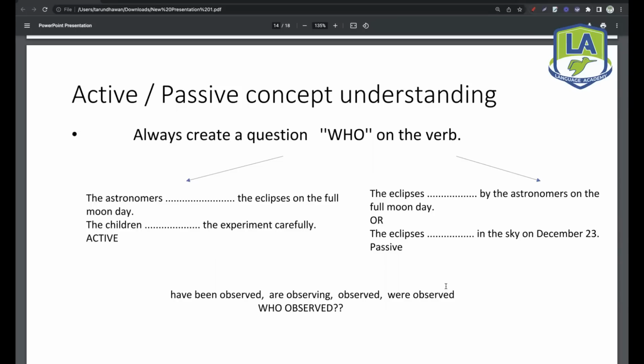If it is left side before the blank, it is active. After the blank, the answer of who is given, that's passive voice. So this concept may need you to do 4, 5, 6 questions on it, but not more than that. Within 4 or 5 questions, you will master active passive very, very easily.